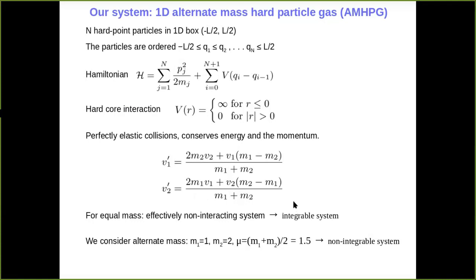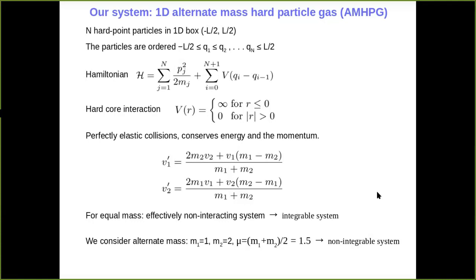For the equal mass case, this is an integrable model. We consider here alternate mass: in odd positions the mass is 1, and in even positions it is 2, where the effective mass mu equals (m1 plus m2) by 2, which is 1.5 in our system. So this alternate mass case is a non-integrable system.